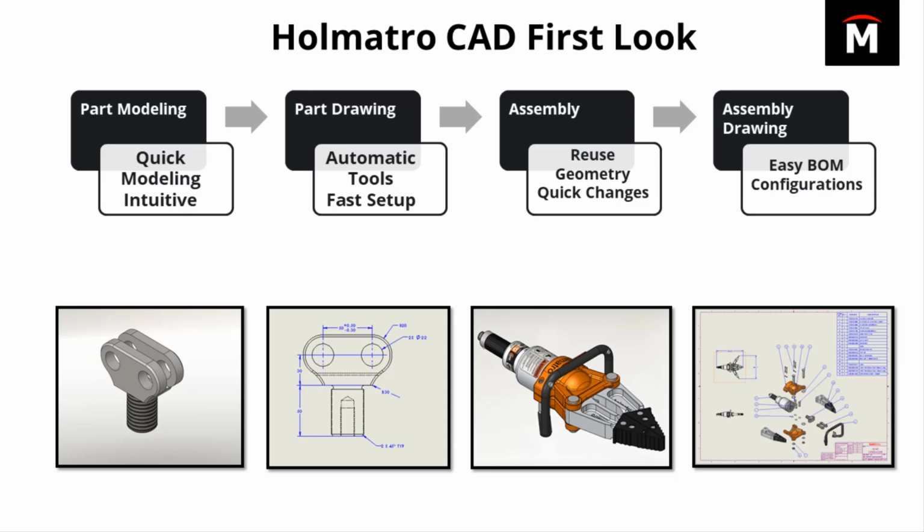We saw there how we can create mates and relationships. We saw how we can reuse geometry, make quick changes, and even do evaluations in the middle of our design. And then we concluded with our assembly drawing, which we were able to leverage exploded views, insert a bill of materials, as well as utilize configurations for things like those alternate position views.